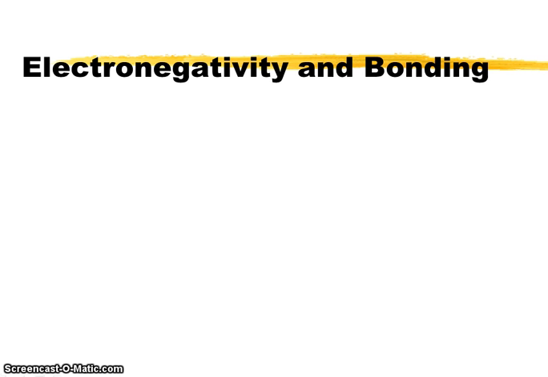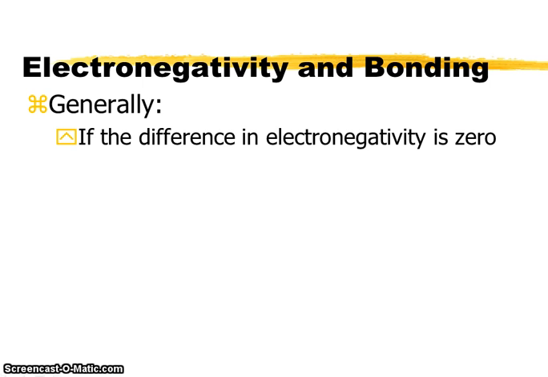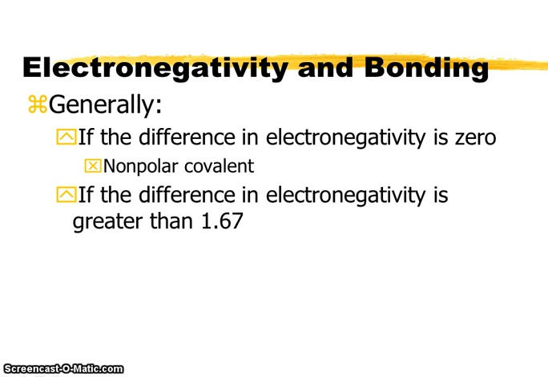So when we talk about electronegativity and bonding, generally, if the difference in electronegativity is 0, we have a nonpolar covalent bond. If the difference in electronegativity is greater than 1.67, we have an ionic bond.